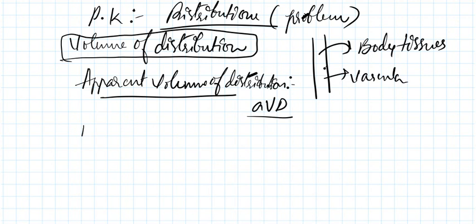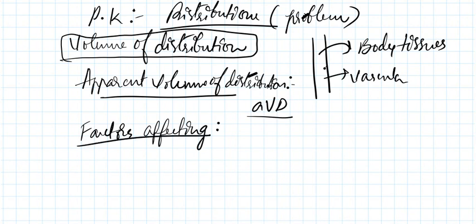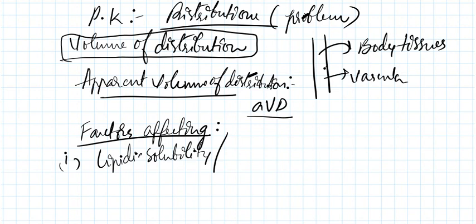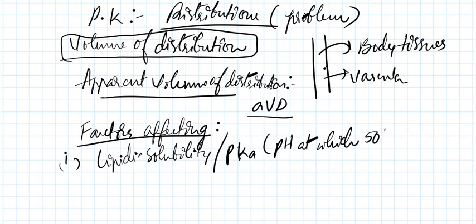Now, what are the factors affecting the volume of distribution? First factor, guys, remember this very much, is lipid solubility, or it can also be determined with the term pKa. What is meant by pKa? It is the pH at which 50% of the drug is ionized.